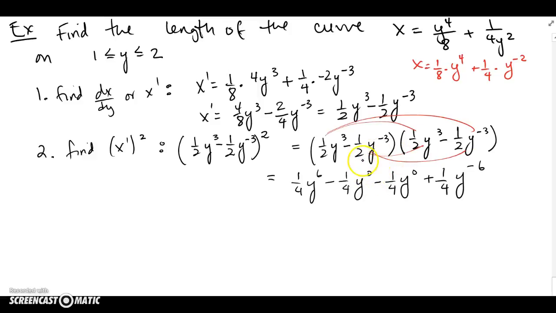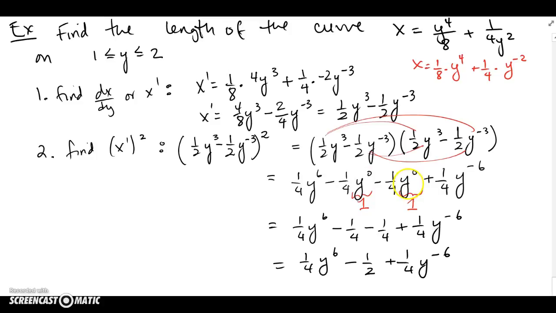Same thing in the middle terms, inner terms. Negative a 4th y to the 0, and then positive a 4th y to the negative 6, it looks like. Now let's clean it up a little bit more. So y to the 0 is 1, y to the 0 is 1, and I basically have negative a 4th and negative a 4th. Combining them gives me a negative a half. So this is my x prime squared.